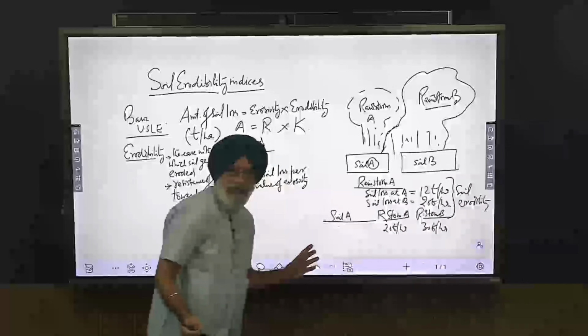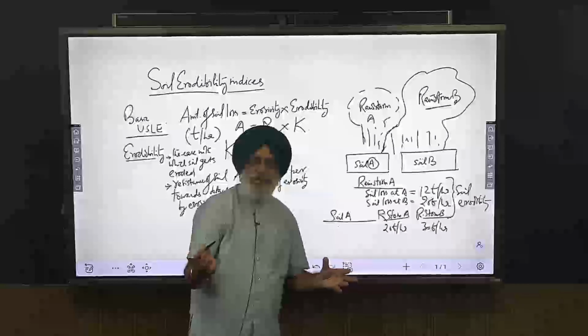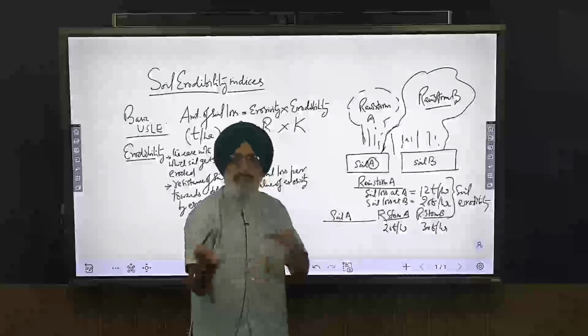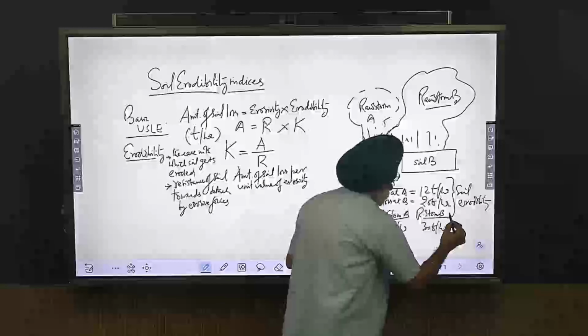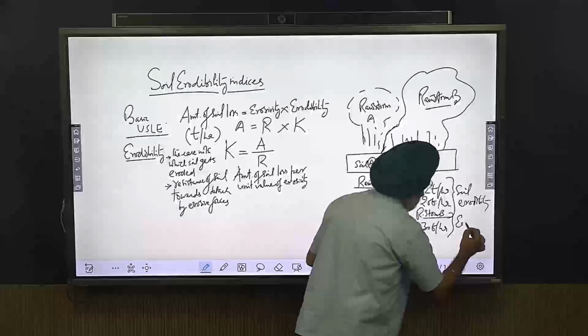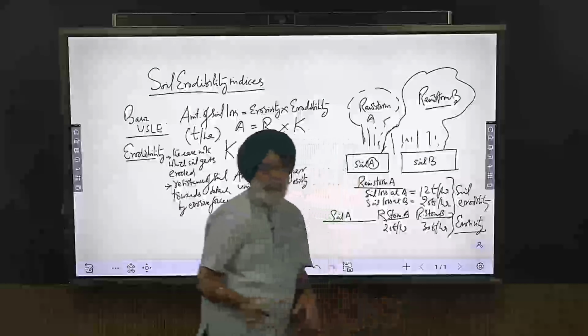So, same soil, but two different rainstorms causing different erosion rates. This is the erosive value of the rainstorm or what we call erosivity. So, this is your erosivity. So, I hope now the difference between erodibility and erosivity is clear.